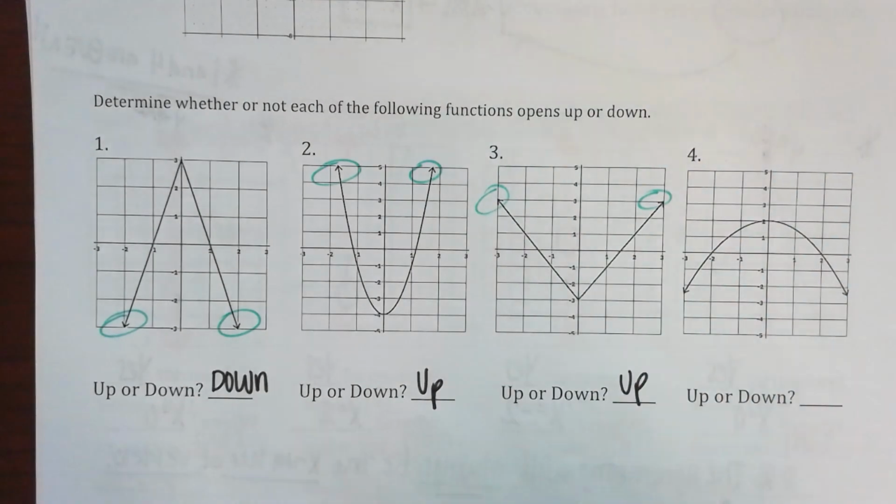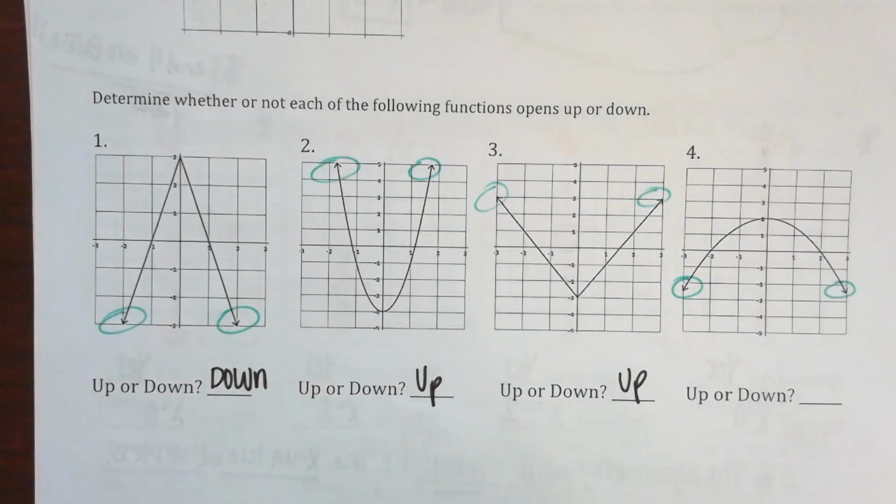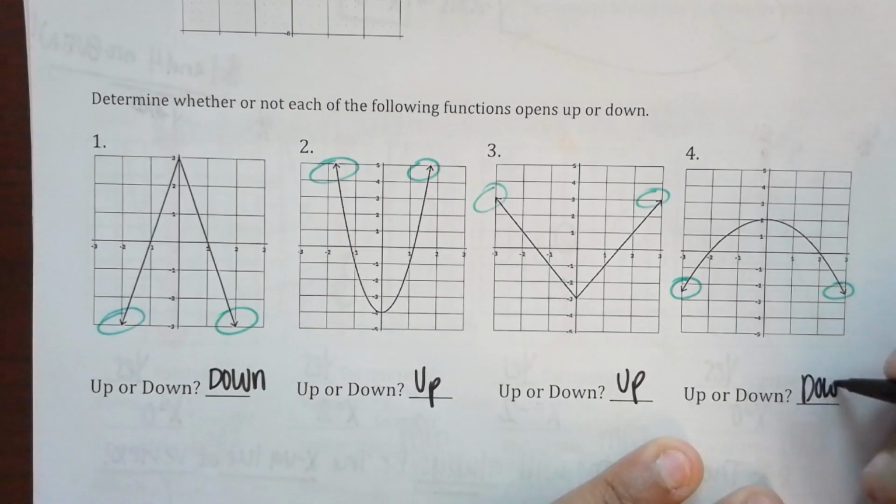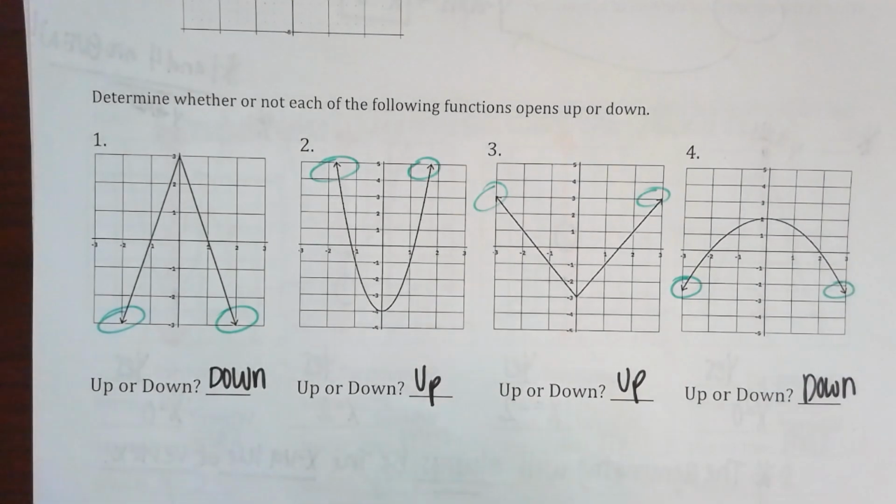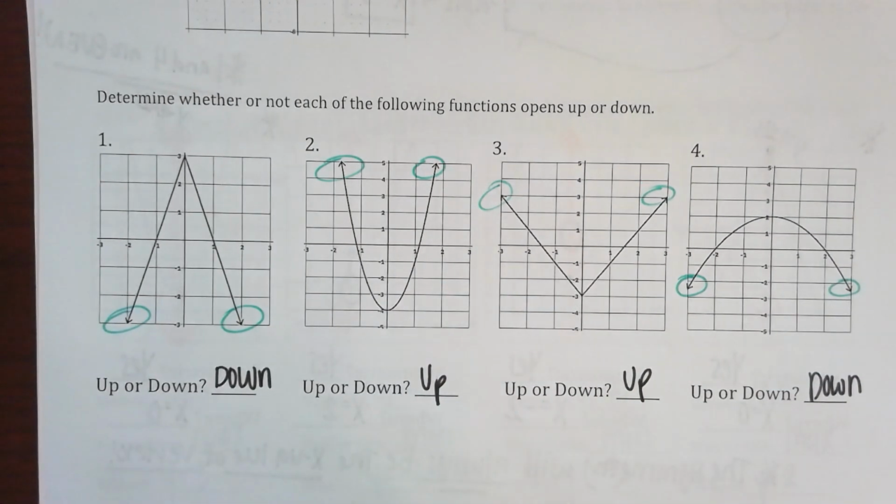What about number 4? The bonus question I'm going to ask here is, does number 1 have a maximum or a minimum? A max. 2? 3? 4? Thank you. Do you see how the arrows correspond to where it's going? Any questions? Any at all?